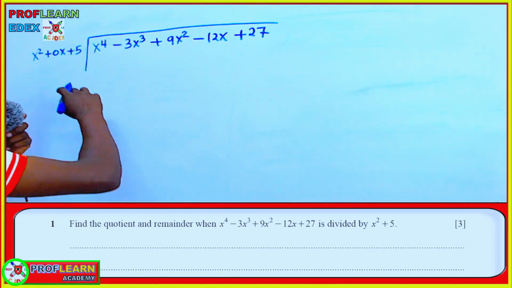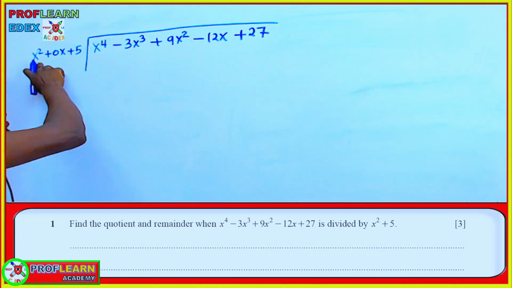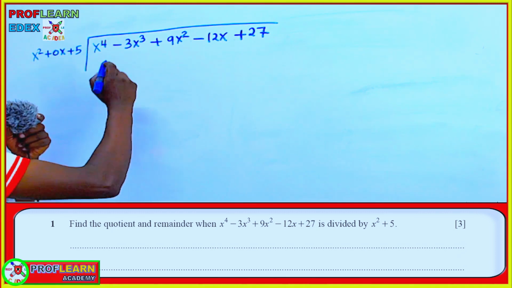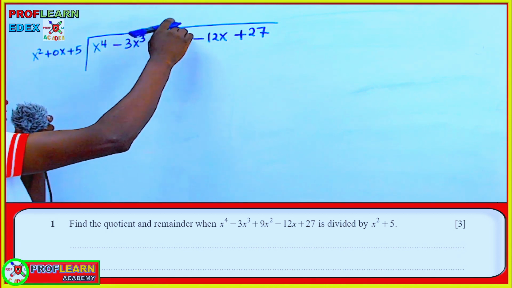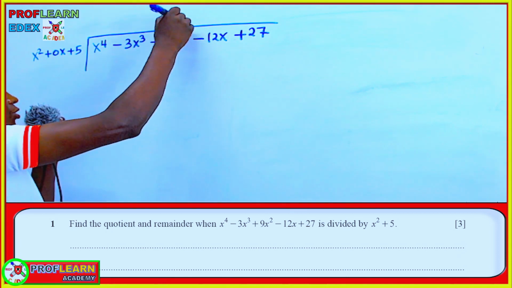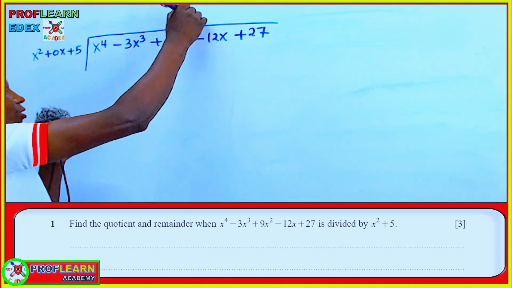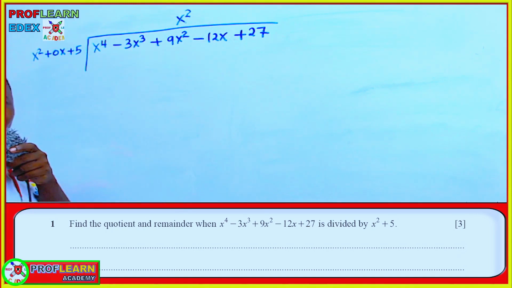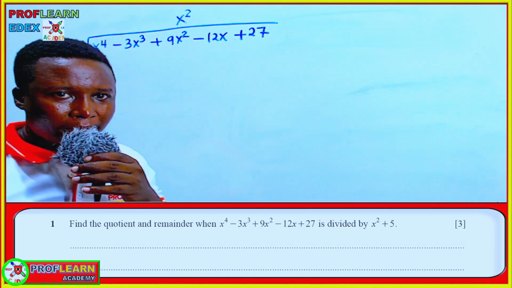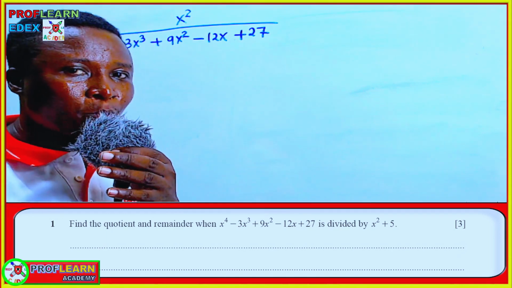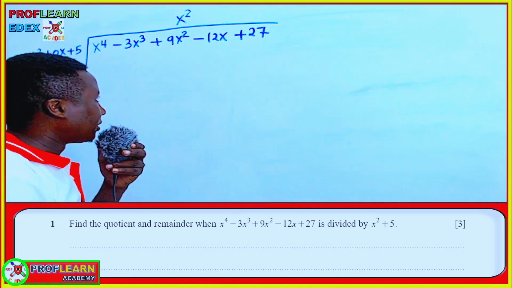So you need to multiply by x power 2 in order to get x power 4. So I write x power 2 above where we have x power 2. There's no main reason as to why, but that is to make the examiner happy, right?